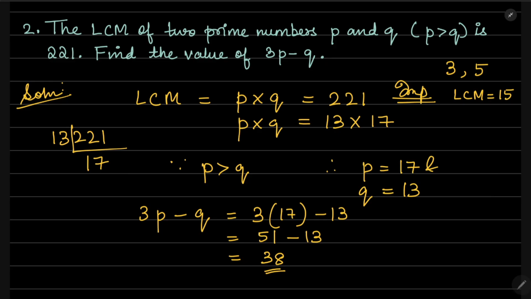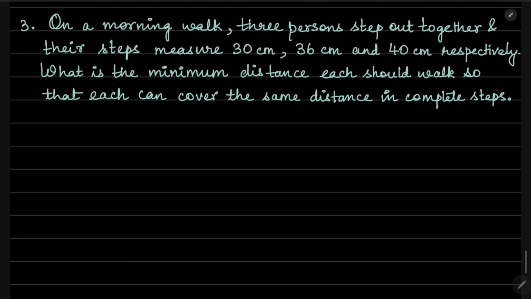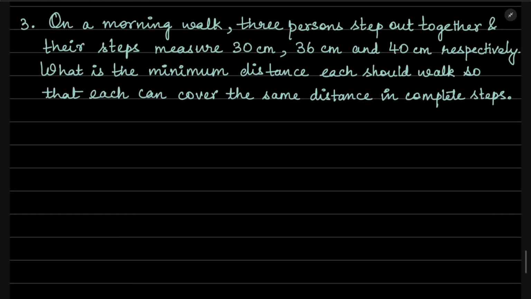Now let's move on to the third question. On a morning walk, 3 persons step out together and their steps measure 30 centimeter, 36 centimeter and 40 centimeter respectively. So what is given is, you have a person walking, right?